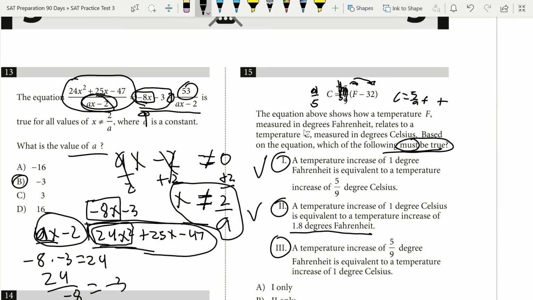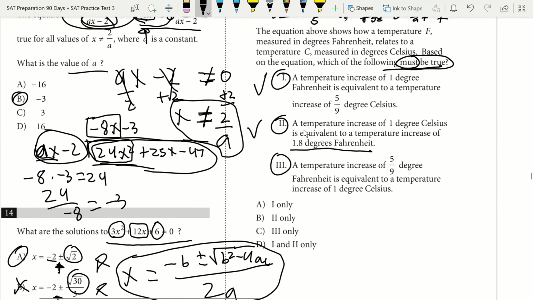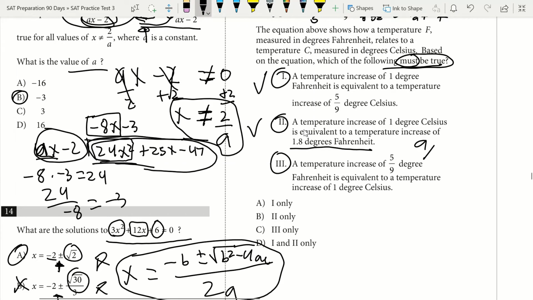So that's going to be 9/5 times my degrees Celsius, and I can go ahead and add 32 to each side at this point just to get it equal to F. So I have 32 plus 9/5 times the degrees Celsius gives me my degrees Fahrenheit. So an increase of 1 degree Celsius is 9/5 increase in degrees Fahrenheit. 9/5 is equal to 1.8. So 2 will be true as well.